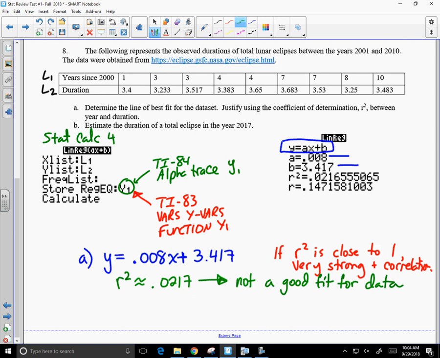All right. Now, also, the r squared is telling us to take everything with a grain of salt, because if you're looking at the estimation in part B, I'm about to plug in a number to my equation and get an answer. That r squared is going to tell us how reliable that answer is.